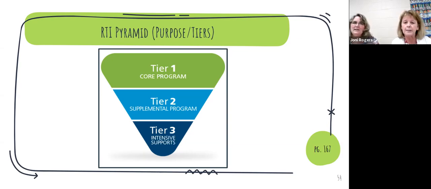But we're constantly, week after week, every time we come to our team meeting, every 2 weeks, we have new data, and we're constantly shifting kids, making sure that they are still in the group that they need to be in. Sometimes they can move up a tier, they don't need that Tier 3 intervention.